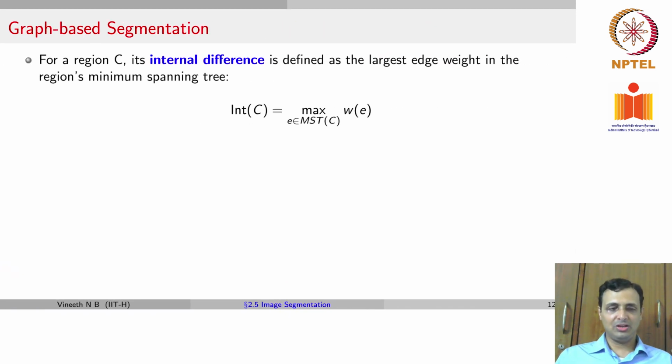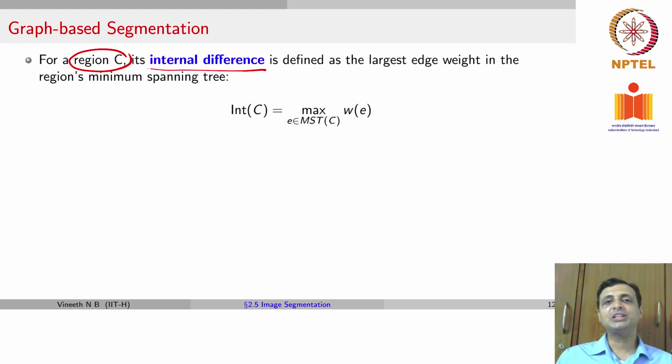Once W of E is defined, the method defines a quantity called internal difference for every region C. Initially, remember, the region C would just be a pixel, but in future iterations, a region could be a collection of pixels. The internal difference is defined as the largest edge weight in the region's minimum spanning tree, which means if you have a bunch of different pixels, you find the minimum spanning tree of those pixels.